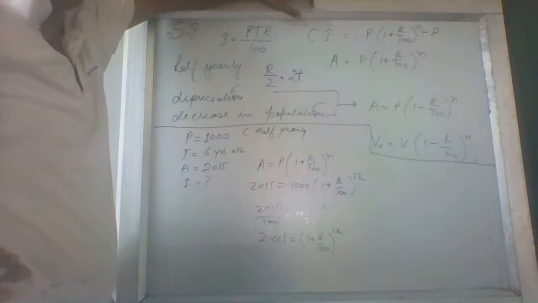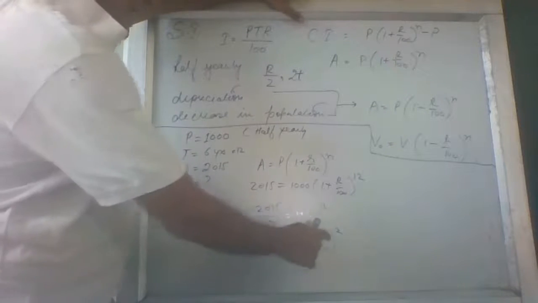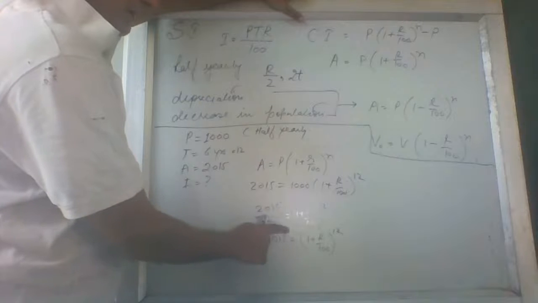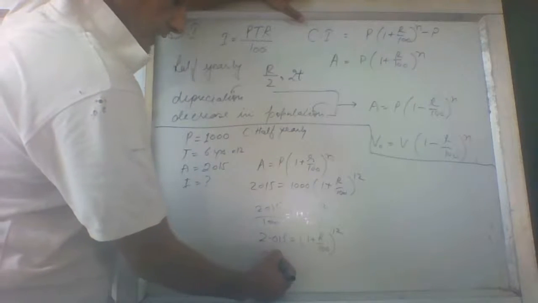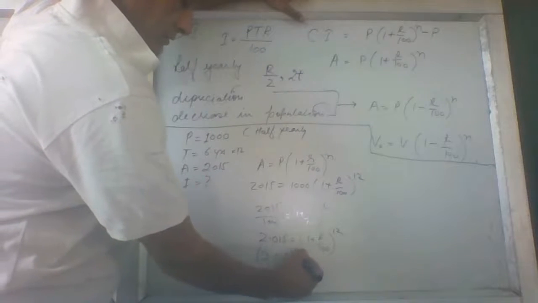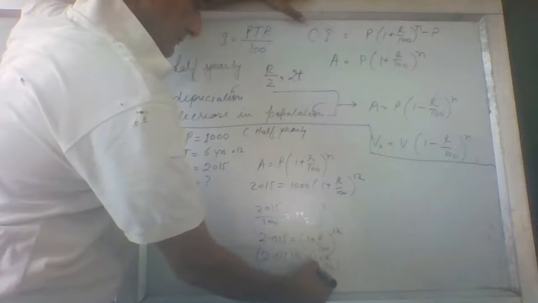Now, an interesting fact is going to come up here. If I remove this 12 from here, it will go here and convert into 1 by 12. Means 2.015 to the power 1 by 12 is equal to 1 plus r upon 100.